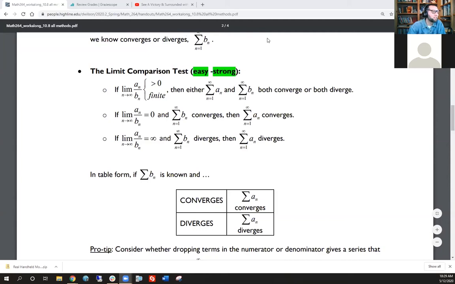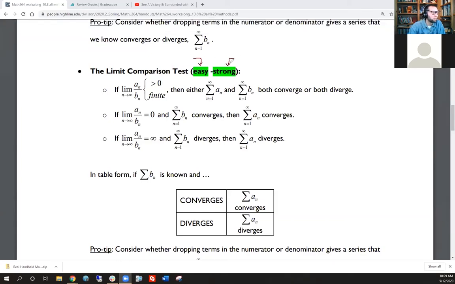All right, limit comparison test. This is our first really nice example. It's easy, it's strong. So what are you going to do? You're going to calculate this limit, and if the limit is finite, then they either both converge or both diverge. This is where I use the phrase in class that they share the same fate. This is the Superman and Lois Lane video and the incredible stuff with no capes.